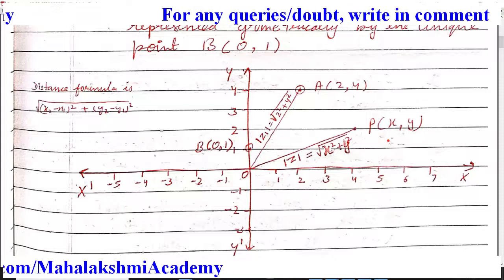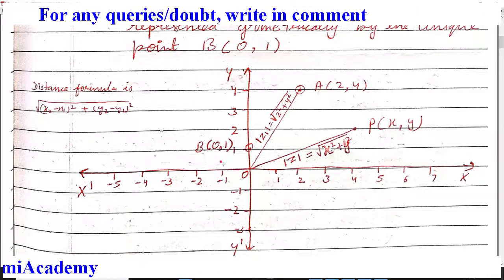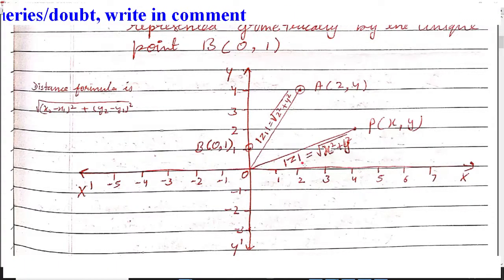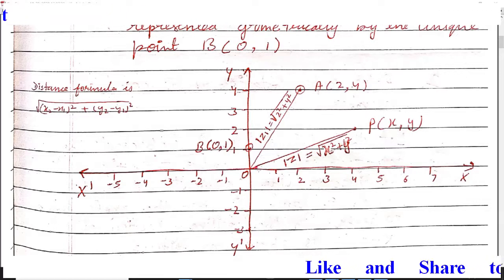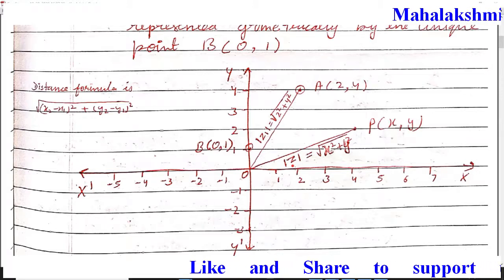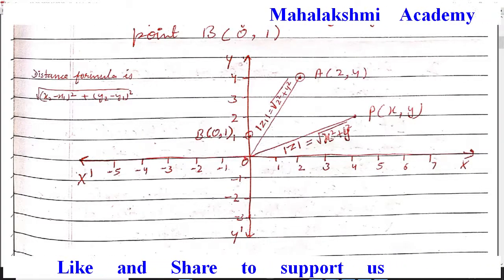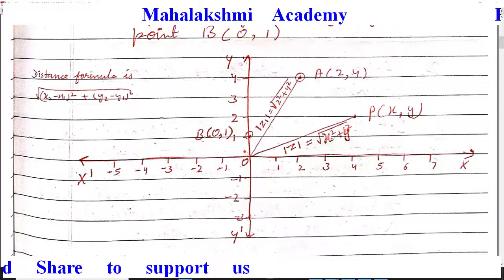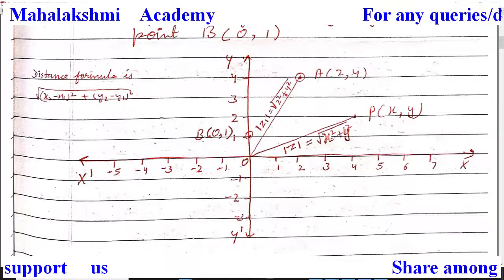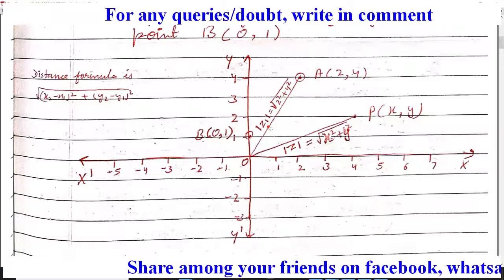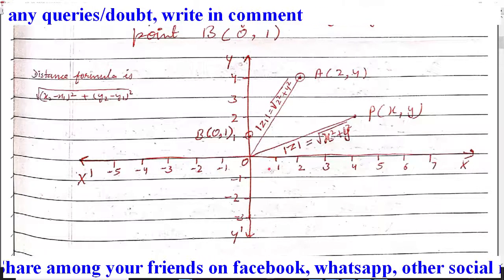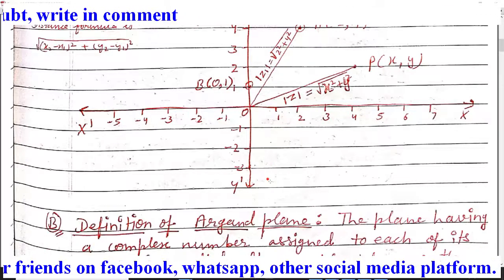If you put these values in the distance formula, the length OP is going to be the modulus of z, that is root of x square plus y square. So the OP length is actually the modulus of z. In the same way, if you have to find the OA distance, then with the help of the distance formula it is going to be the modulus of the complex number z1. This we will cover in detail afterwards.